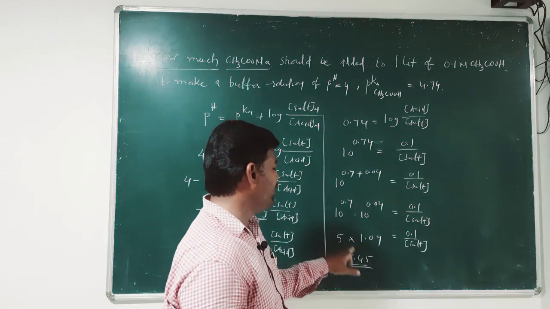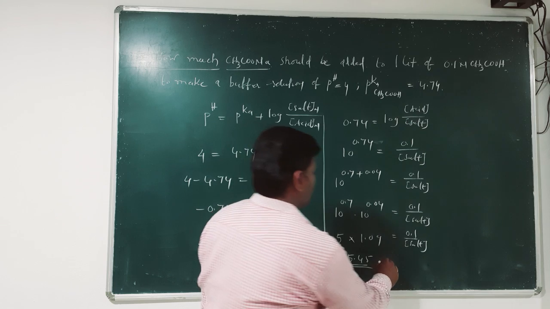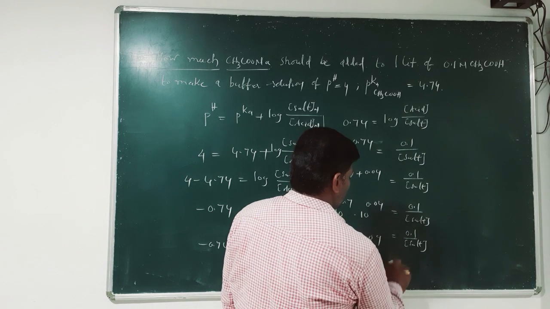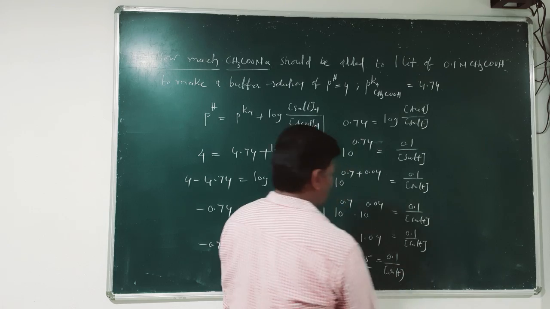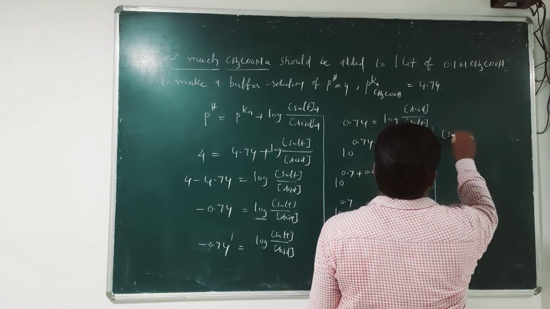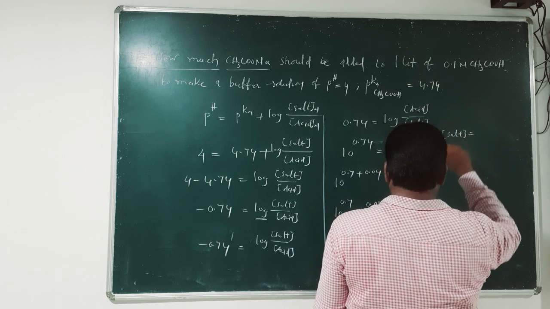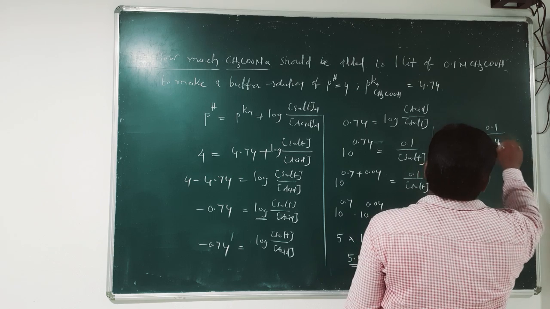So 5.45 is equal to 0.1 by concentration of salt, and the concentration of salt is equal to 0.1 by 5.45.